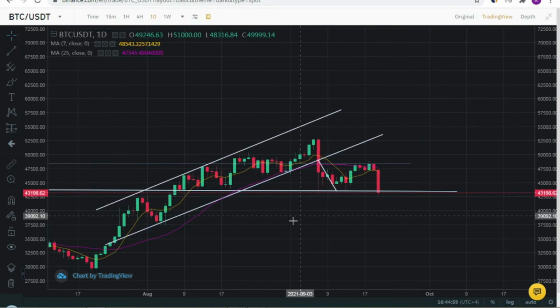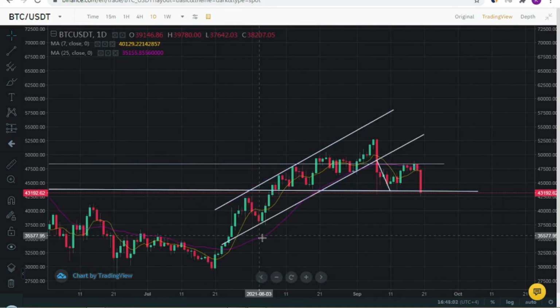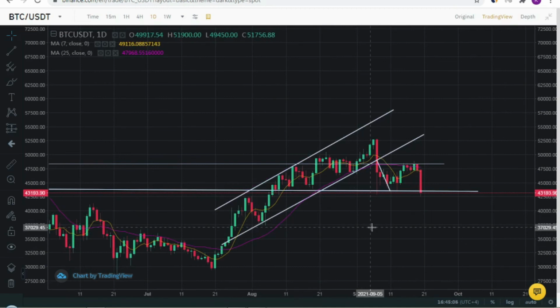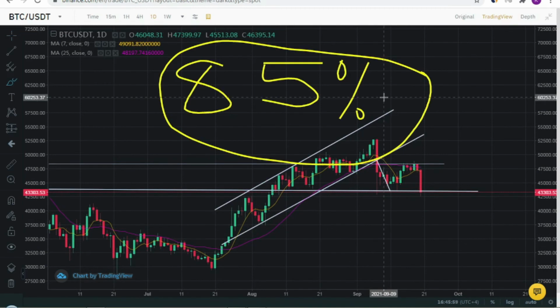When we'll be treating the Wyckoff distribution pattern, you will understand that most of what you see in crypto is manipulation. Remember we said that whales make up 85% of the capital in crypto. So they have the upper hand.